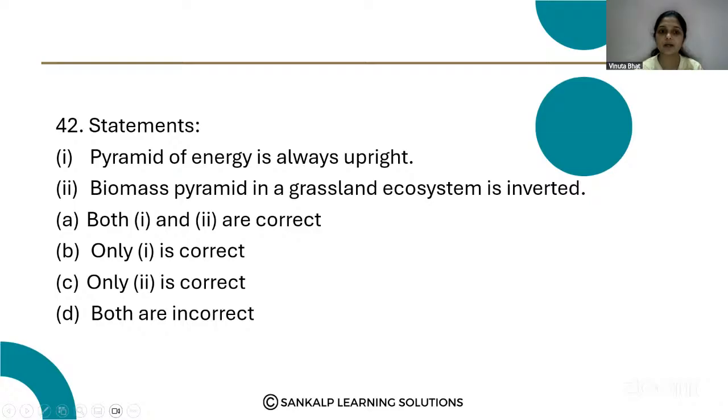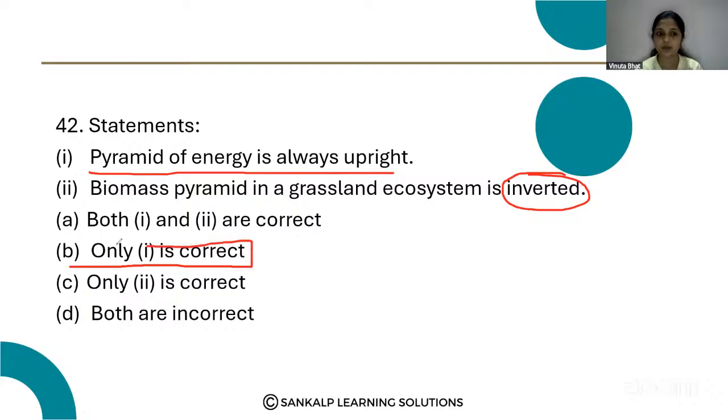The biomass pyramid in a grassland ecosystem is inverted. So that is the wrong one. That is upright, not inverted. So only statement 1 is correct. Yes, option A. Sorry, only 1 is correct, right? So this option is correct.